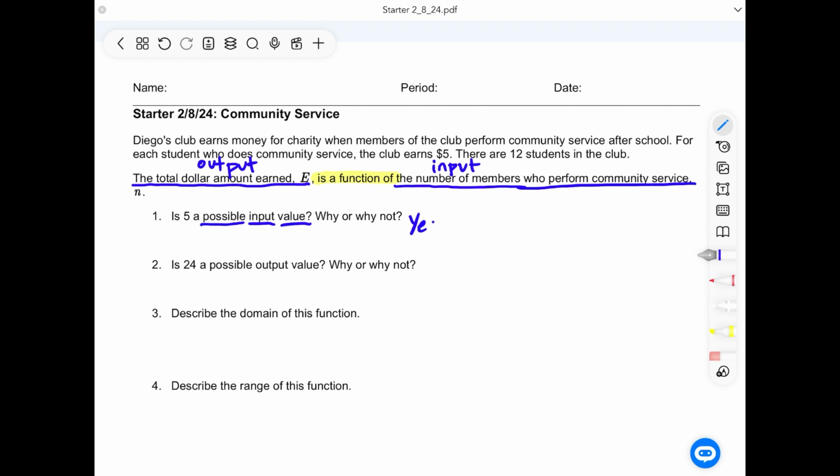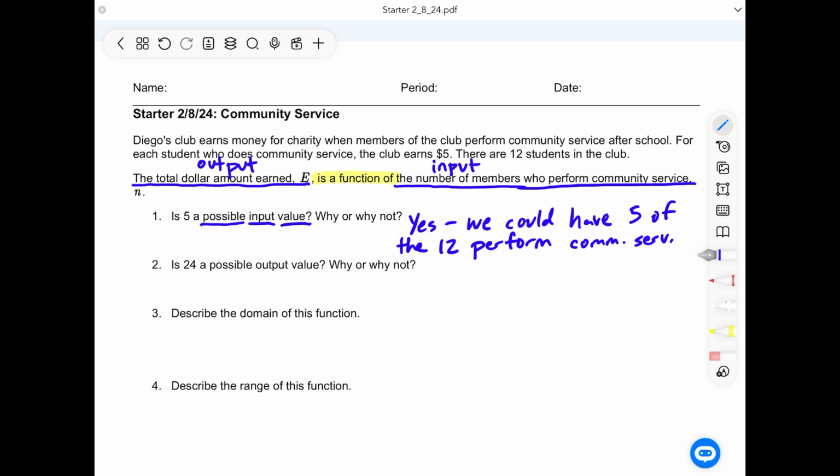Absolutely. We could have 5 of the 12 perform community service. That would definitely make sense as a possible input value.